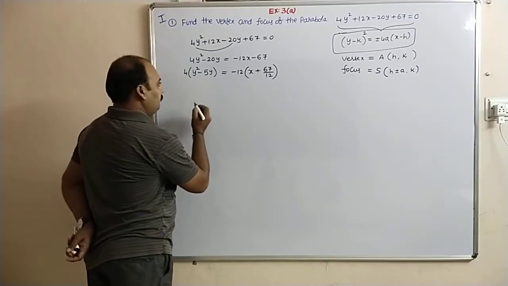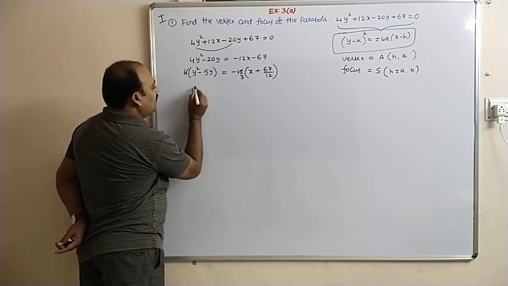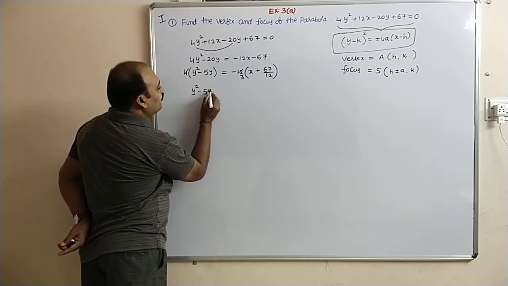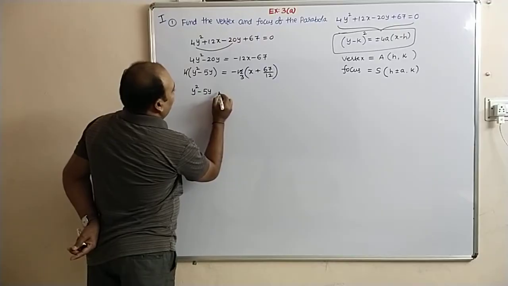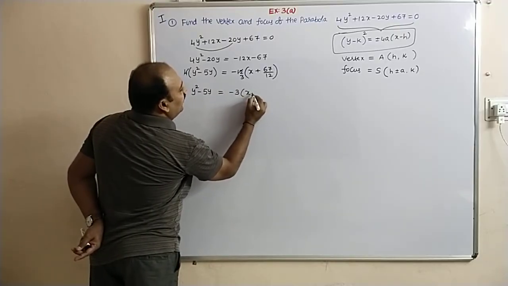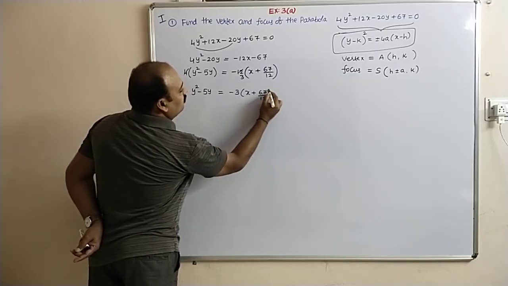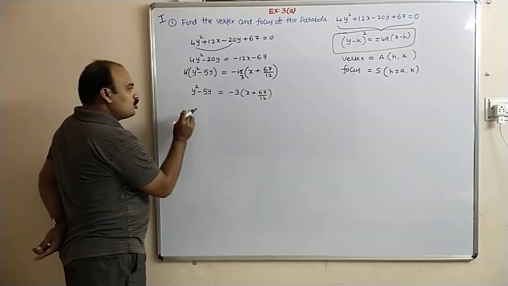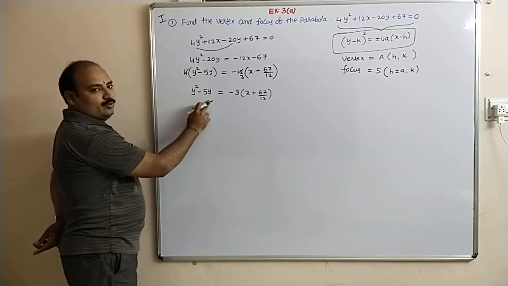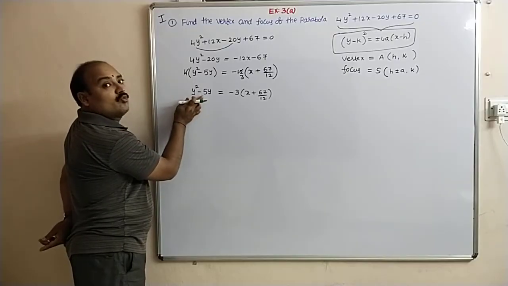So 4 ones are 4, 4 threes are 12. Y square minus 5y is equal to minus 3 into x plus 67 divided by 12. To make the perfect square of this, we have to add and subtract the square of half of the y coefficient.